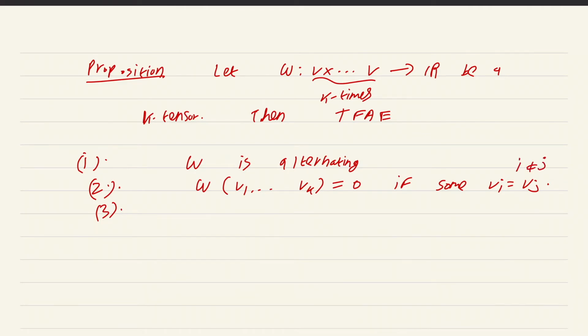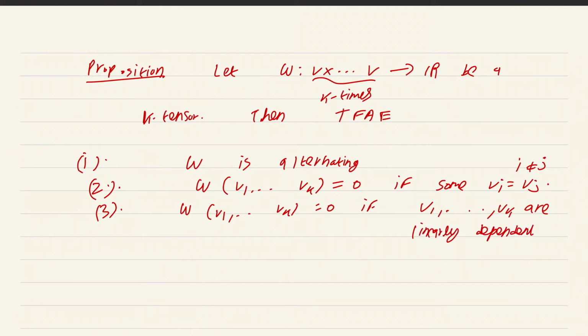Number 3, omega of v1 to vk is 0 if the list of vectors v1 to vk is linearly dependent. Finally, number 4, if two slots are interchanged, then omega changes by a sign.